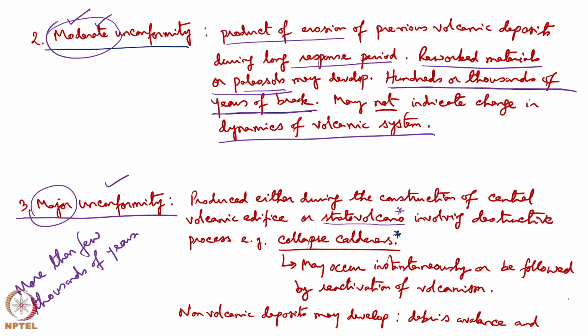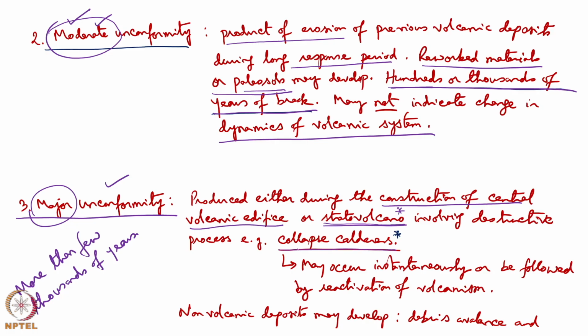Now, major unconformity formation is related to the volcano and some changes that take place. Let us see what are they. They are produced either during the construction of the central volcanic edifice or stratovolcano. I am going to explain stratovolcano, the basic definition afterward, and sometimes the major unconformity are related to the collapsed calderas.